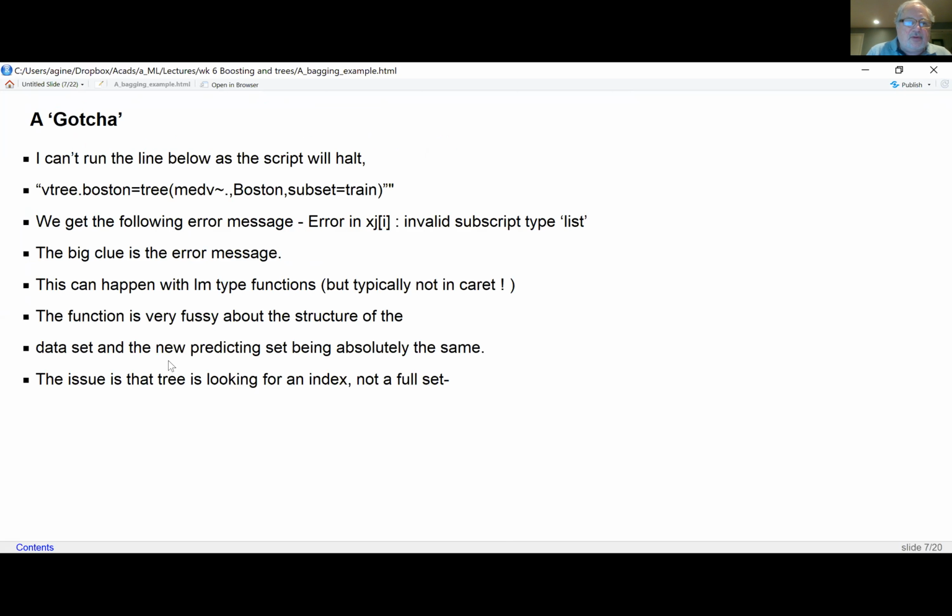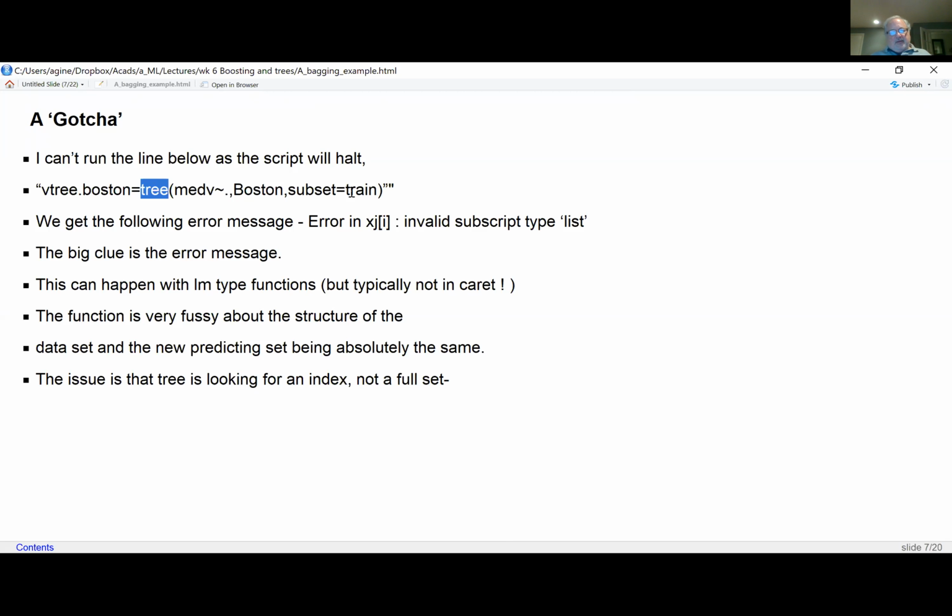R has one huge syntactical issue associated with linear model syntax. The command to create a tree is called tree, and you use the same syntax: I want to model median value, the tilde dot means all the other variables, my data set is Boston, and I'm going to use a subset called training.